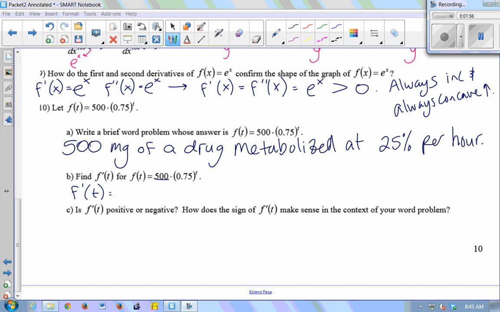What happens to that? That's multiplied as well, yes. The constant multiple rule. So 500 is just a constant multiple of 0.75 to the t, so the 500 just comes along for the ride. And then the derivative of 0.75 to the t is 0.75 to the t times the ln of 0.75.